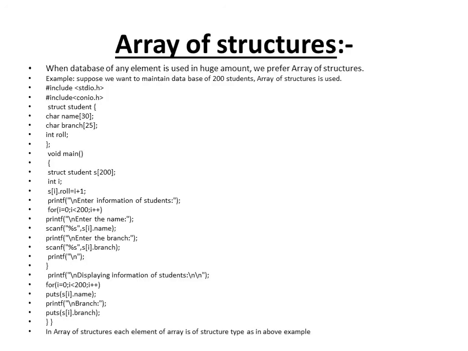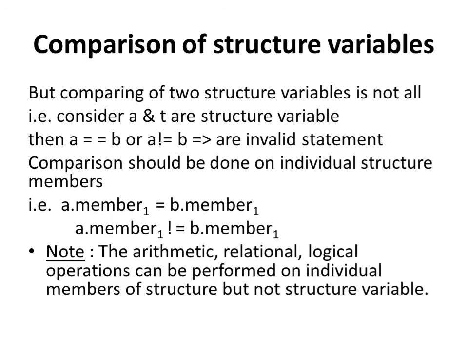That is for from s[0] to s[199]. puts is the output statement used to print the data from s[0] name to s[0] branch. All the data entered from 0 to 199, that is totally 200 students. The arithmetic, relational, logical operations can be performed on individual members of structures but not on structure variables.